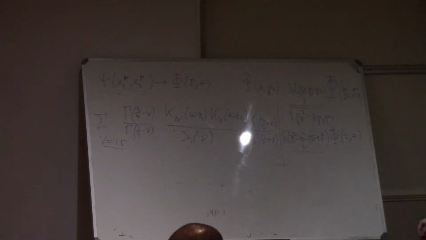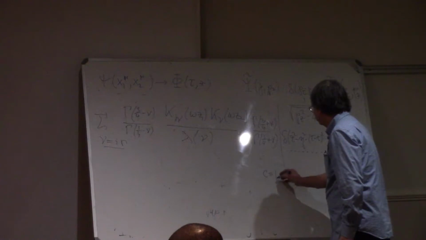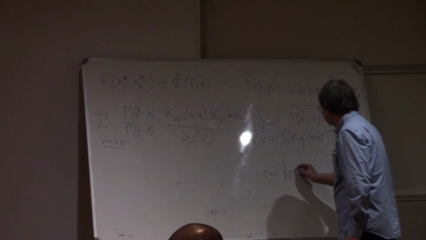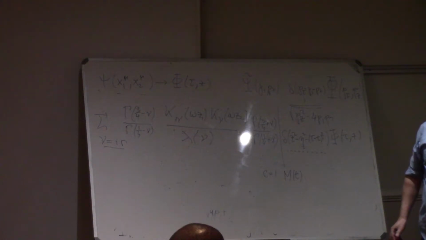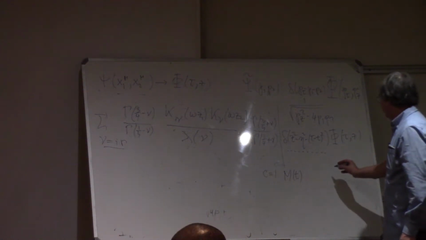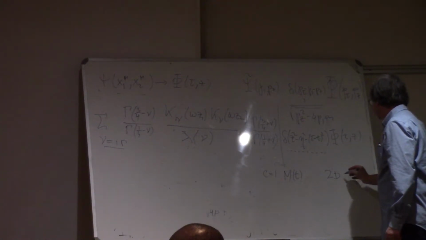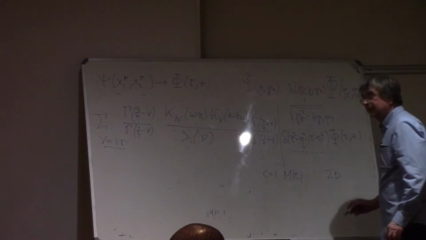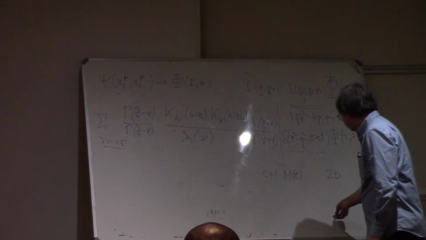They did appear previously in the so-called c=1 or d=1 matrix model, which was a matrix as a function of time. That's an old matrix model, and 2D string theory, which is a non-critical string theory. That was one of the original dualities.